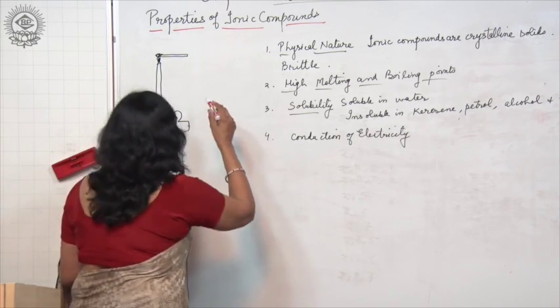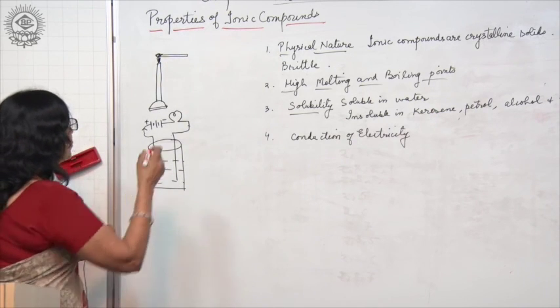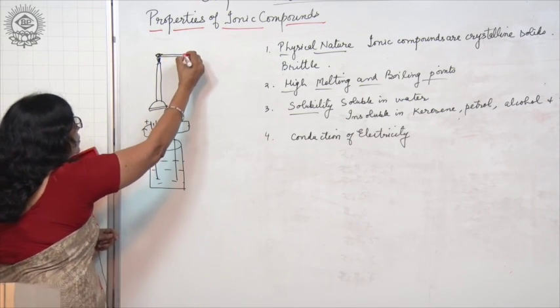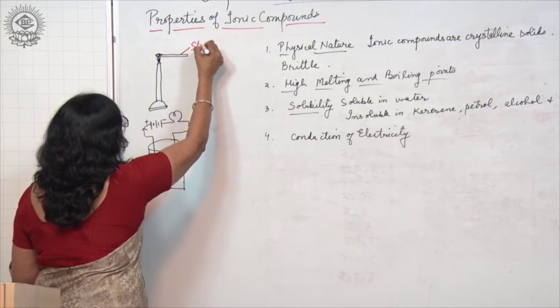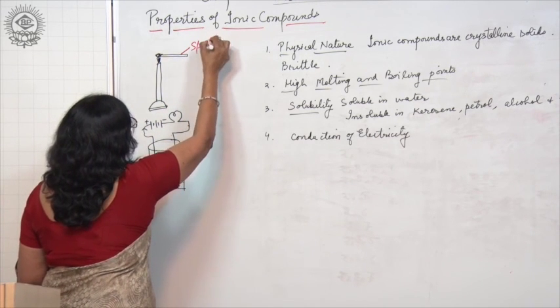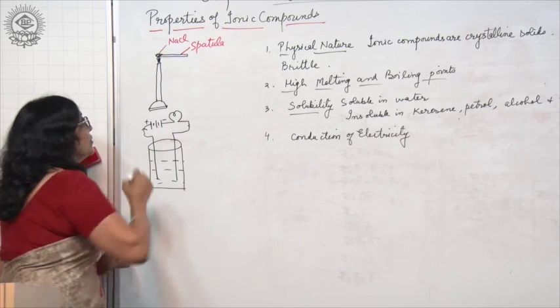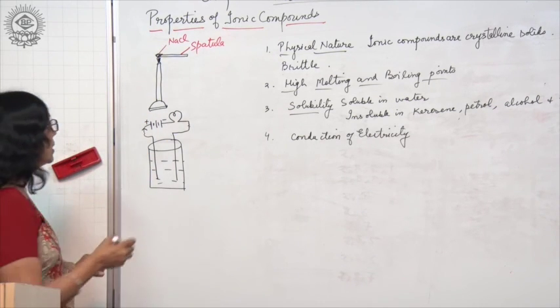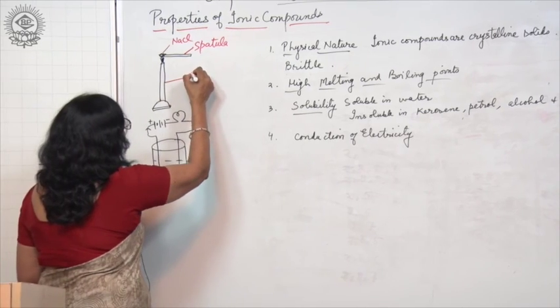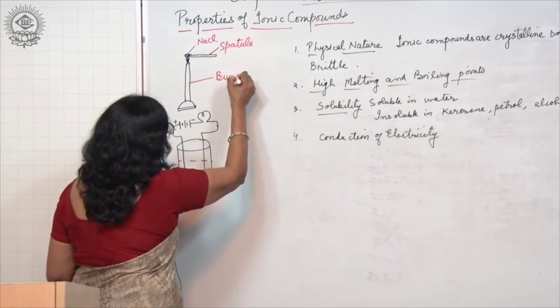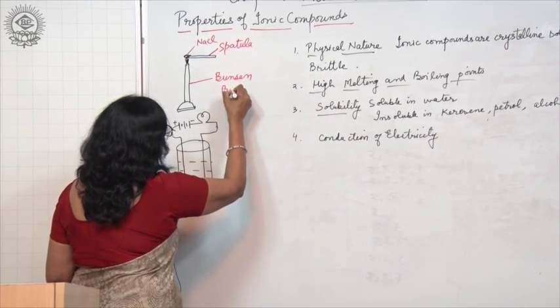To study the next property, an activity can be performed. Take a spatula and take any ionic compound, say NaCl, on the spatula and heat it over the flame of a Bunsen burner.